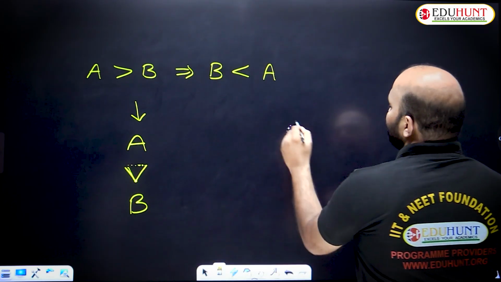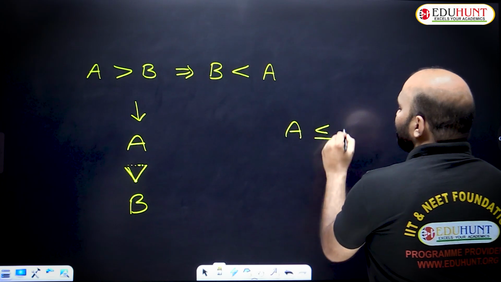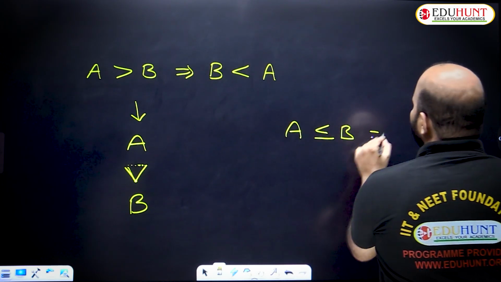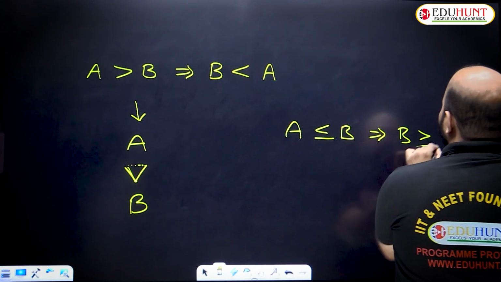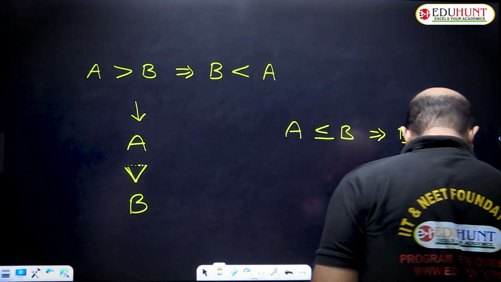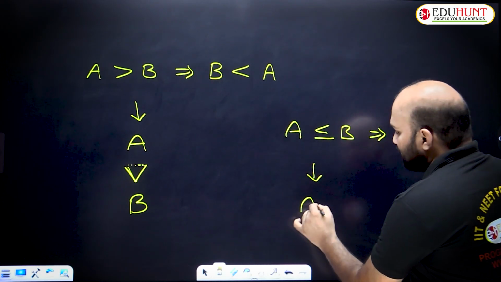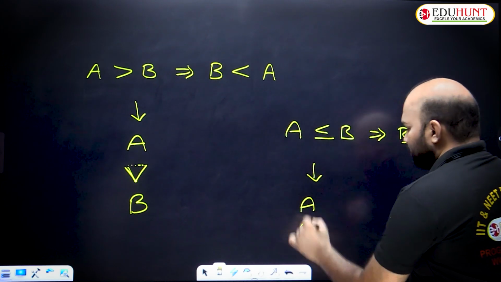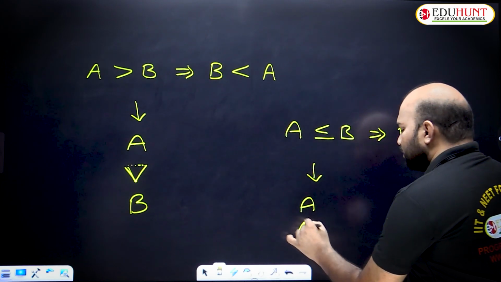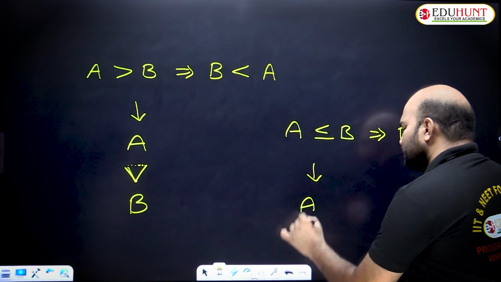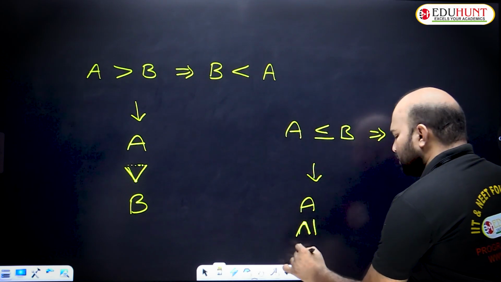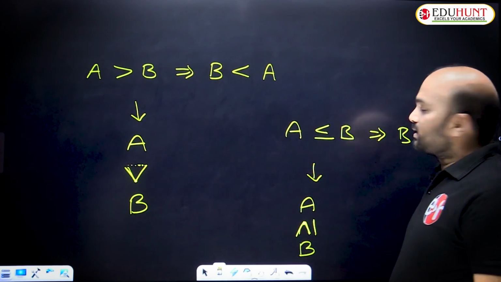Suppose A is less than or equal to B. From B it can be written B is greater than or equal to A. Also it can be written A is less than or equal to B, taking the lesser part towards A. This is also the right structure.